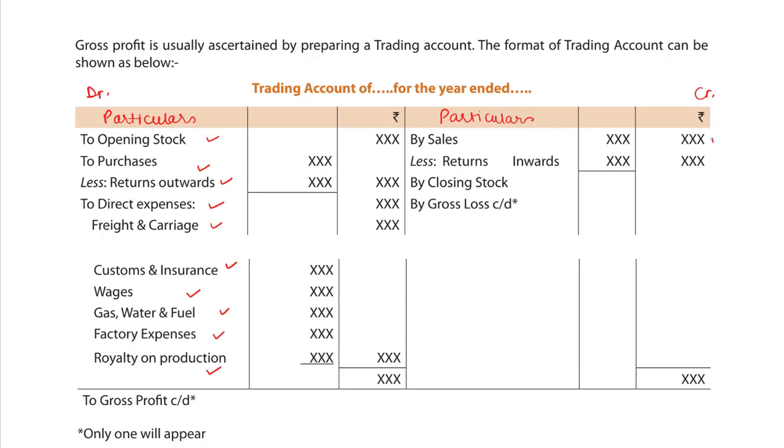Then sales on the credit side, less sales return, net sales, closing stock, and by gross loss carried down.